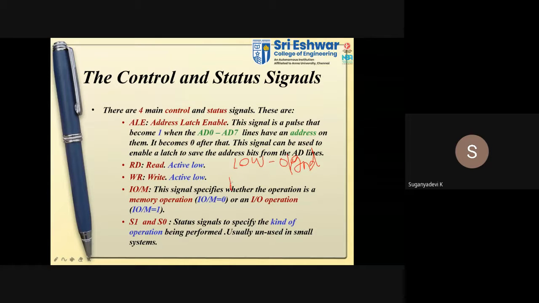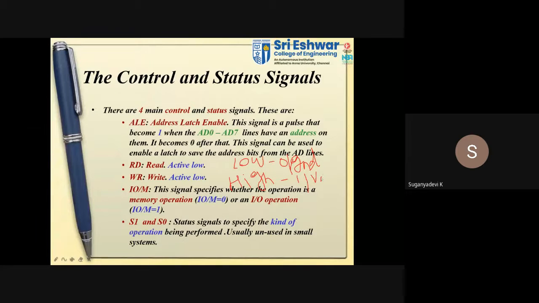And what do you mean by high signal? High is in binary 1, which is again equivalent to VCC.